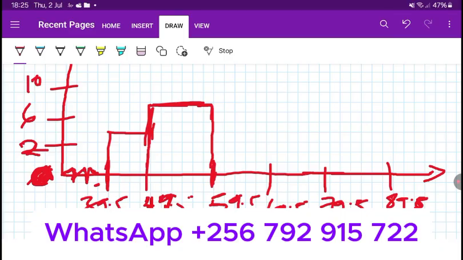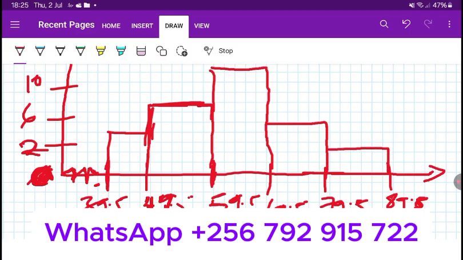So the next one is 11. Let's assume the 11 is around there. The next one is 6. Then lastly is a 3. And we will be done.